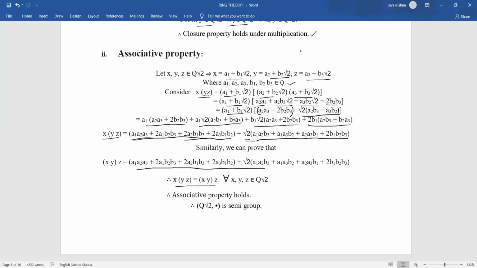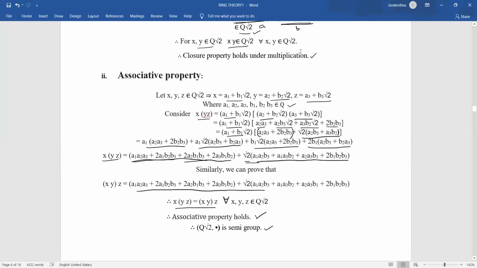We need not prove it again, because I have already done that for x into yz. In the same way, if we calculate xy first and multiply the value of xy with z, then also we get the same value as x into yz. So therefore x into yz is equal to xy into z. Therefore the associative property holds. Therefore we say that Q root 2 comma dot is a semigroup.